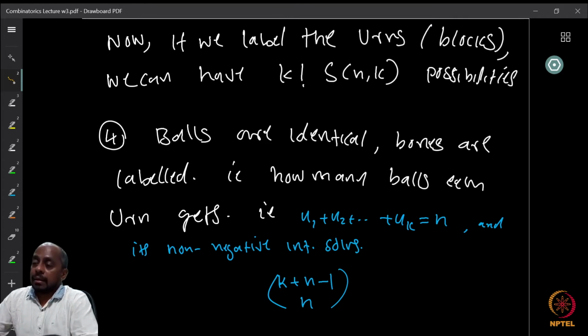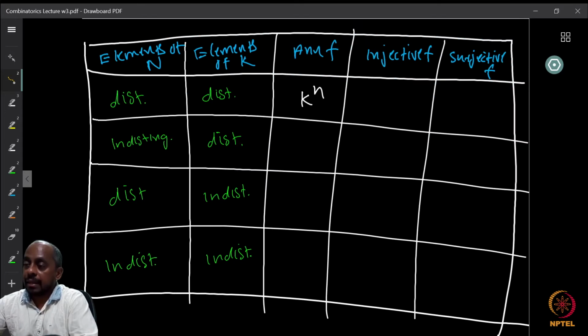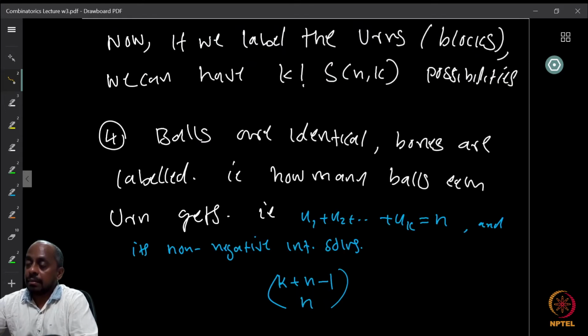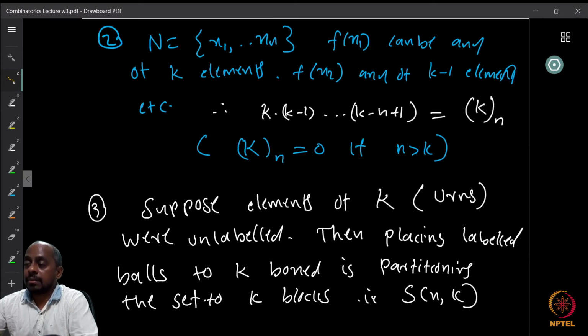And the fourth entry, which is the entry below this, is going to be the case where the balls are identical and the boxes are labeled. So the elements of n are identical, the balls are identical, and the elements of k, which corresponds to the boxes or urns, are distinguishable or labeled.